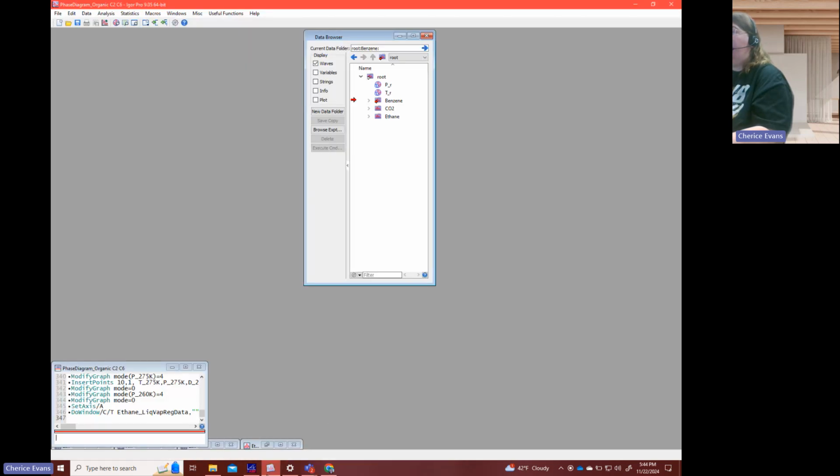Now, the first thing you have to do, and the first thing it's really important for you to realize, is the phase diagrams that I am making are representations of the National Institute of Standards and Technology approved equation of state, which is usually a Helmholtz equation of state.